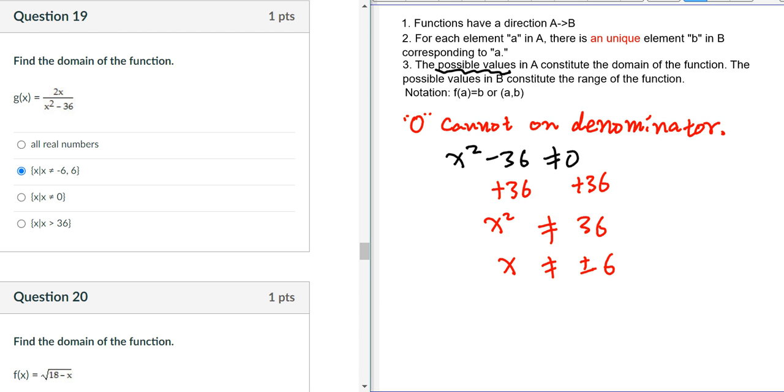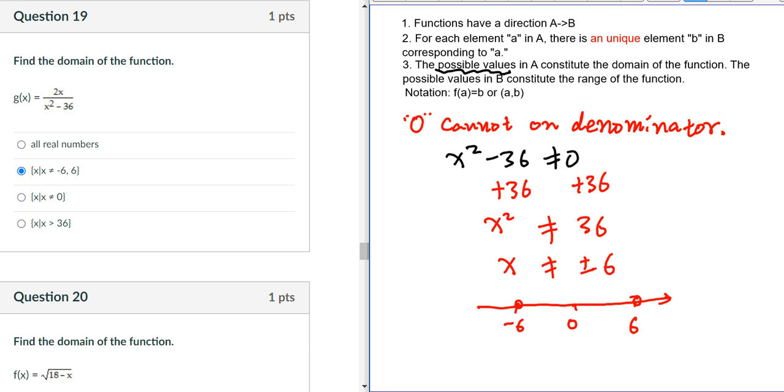All right. So what's the domain? This is the set notation. On the real number line, here is 0, here is negative 6, here is positive 6, and you want to exclude those two points.